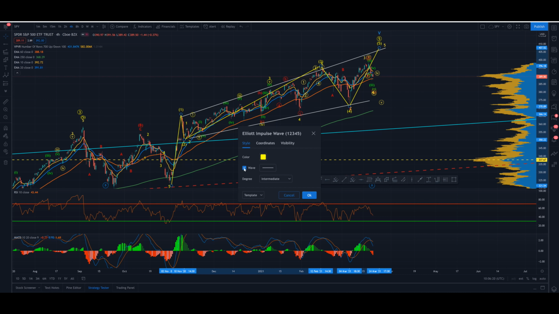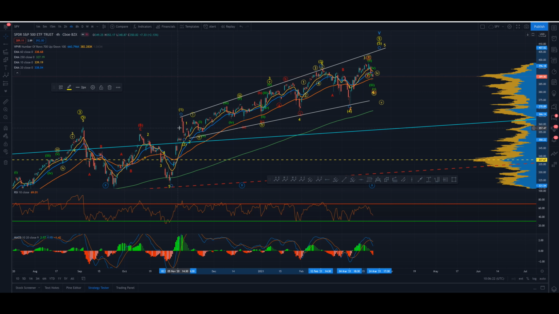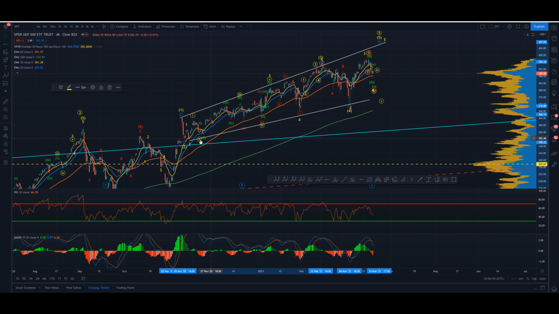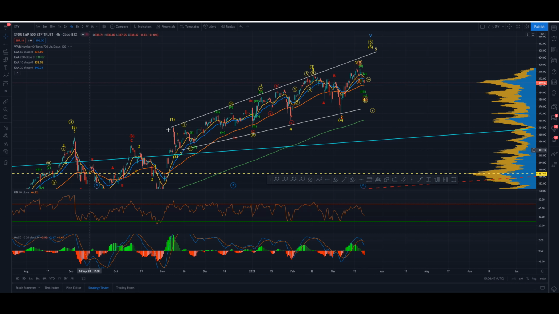I've got no problem putting an impulse wave in here. Minor wave 1 top here, minor wave 4 over here, no problem. Minute time frame inside of the minor 3. Here's the top of the minor 1, here's the bottom of the minor 4, no overlap. Same again on the intermediate time frame, top of the intermediate wave 1, here's the bottom of the intermediate wave 4, no overlap. So apparently it's not a very popular idea at the moment, but I've managed to get an impulse wave in here to explain this price move up into the 5th.